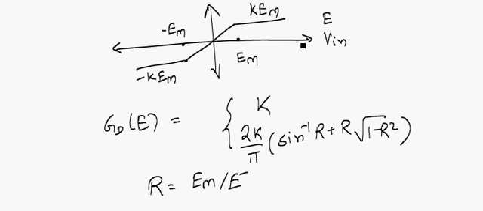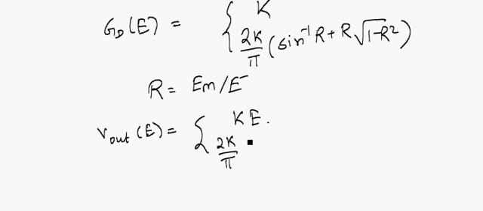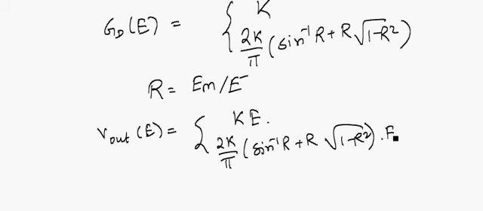If E is less than EM, I get K times E. So I can write V out as a function of E to be equal to K times E, and here I can write it to be 2K by pi times the sine inverse of R plus R times the square root of 1 minus R squared, times E, where R is equal to EM by E.